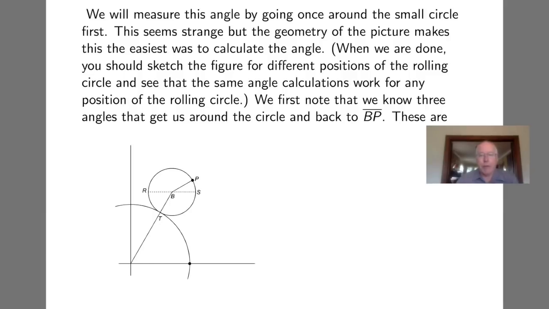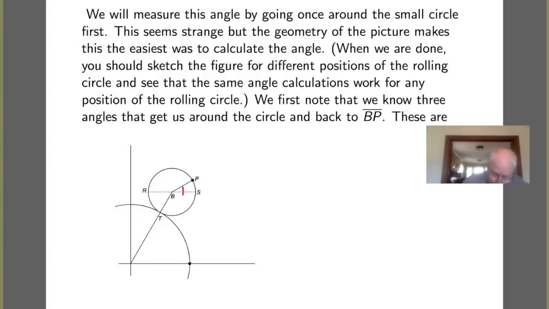Now we're going to measure this angle by actually going once around the rolling circle. This seems strange, but the geometry of the picture makes this the easiest way to calculate the angle. So instead of calculating the angle by just going from the horizontal segment up to here, we're actually going to go around the circle once and then finish back up at the ray BP.